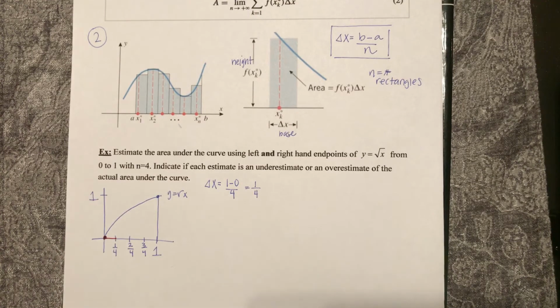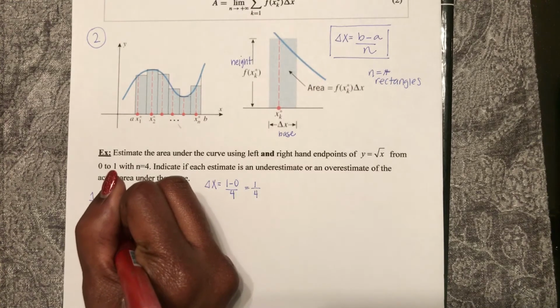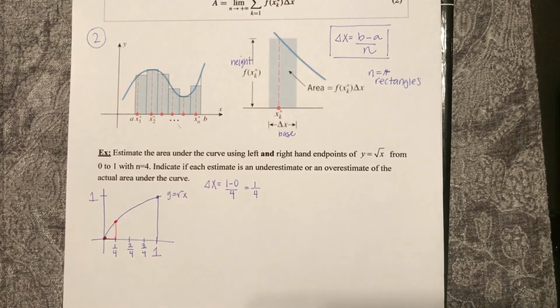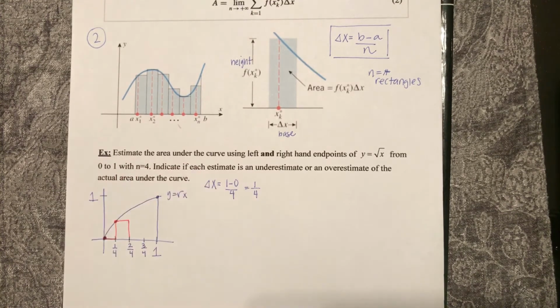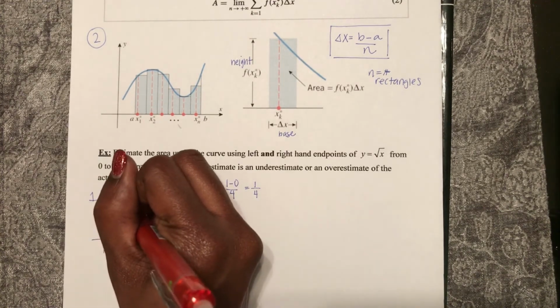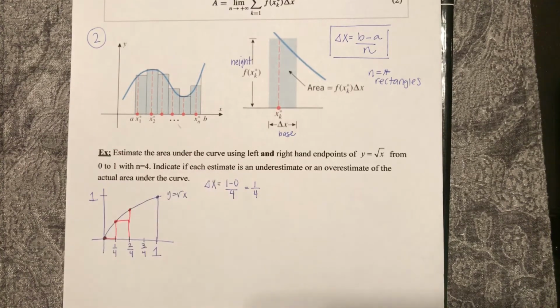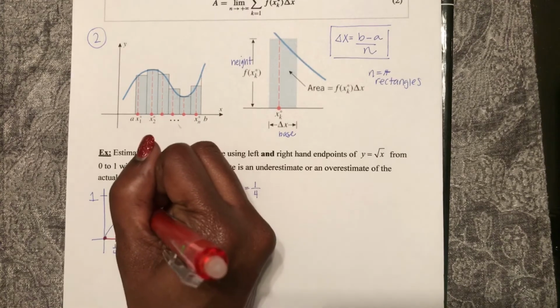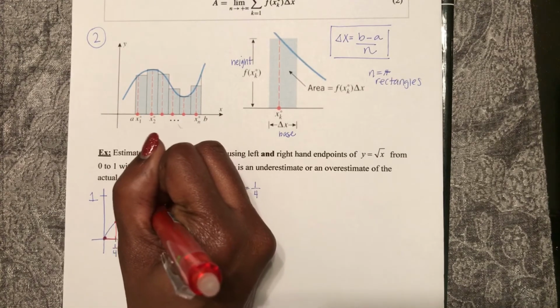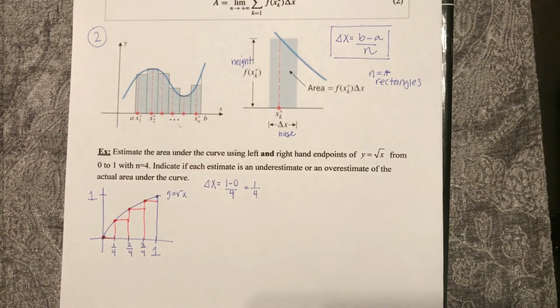Because f of 0 is 0. Here though, if I use this left endpoint going up to f of 1/4, here's that rectangle. Here, going up to f of 1/2 using the left side, here's that rectangle. And then f of 3/4 is where I stop for my last rectangle height.